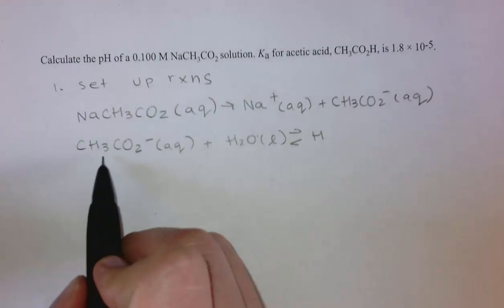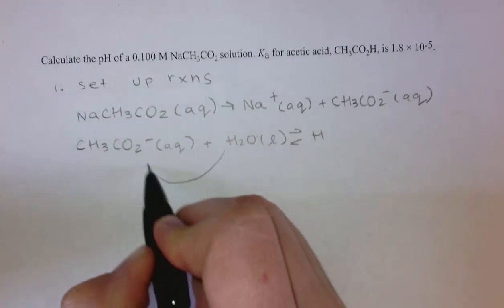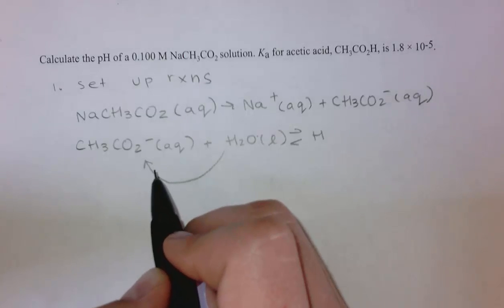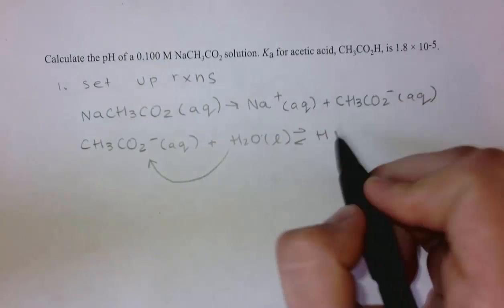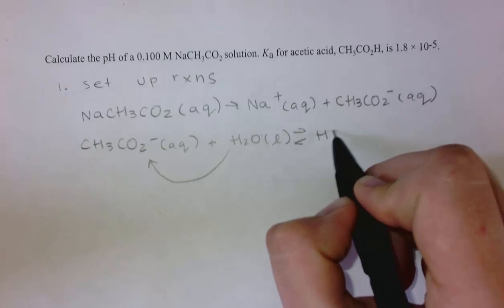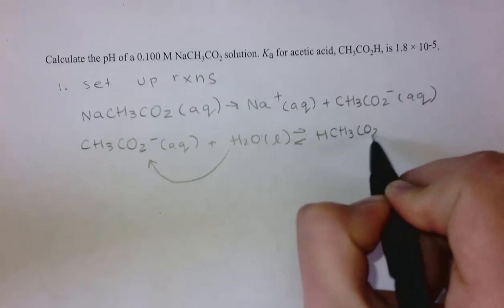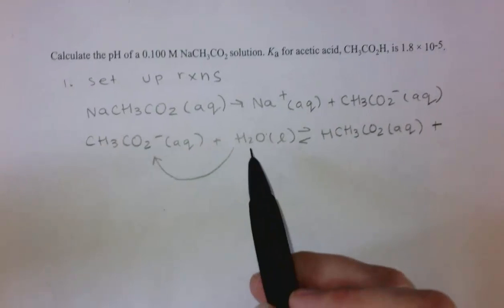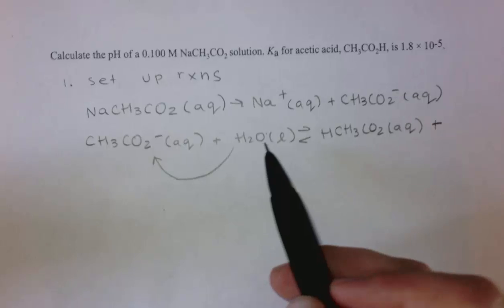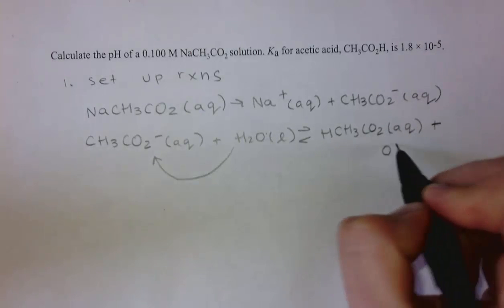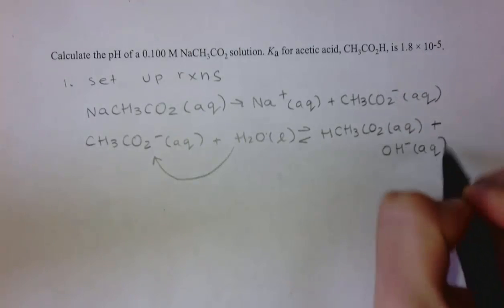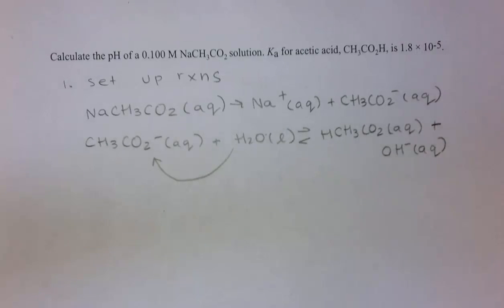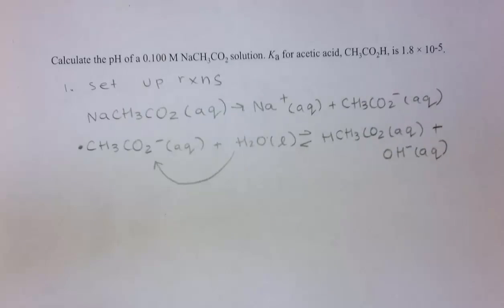And this acetate is going to accept a hydrogen from water and form acetic acid. And then now that this water molecule has given up a hydrogen, we are going to be left with hydroxide. So this is the reaction that's happening. This second one is really what we're going to be using to solve our problem.